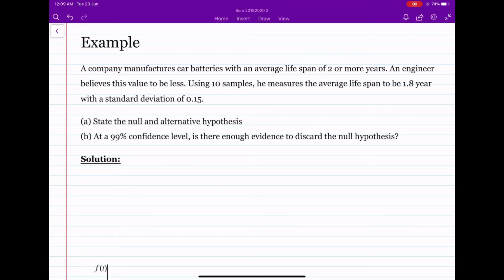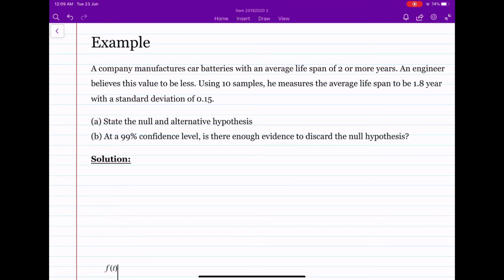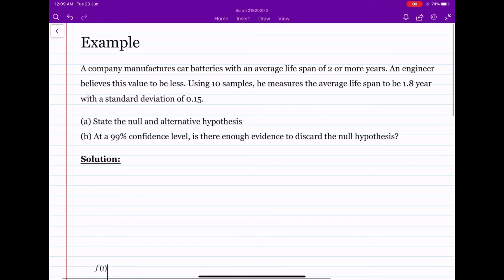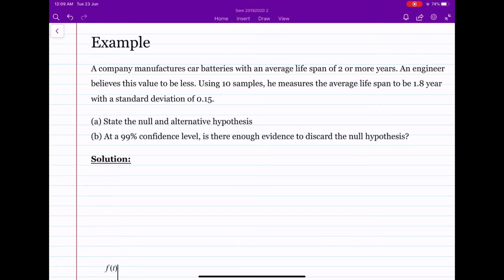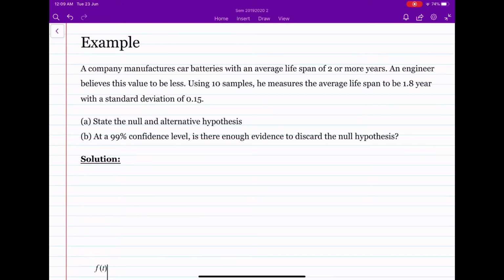Means that the company claims that the average lifetime of its batteries is at least 2 years, means 2 years or more, but an engineer believes that the actual value is less. So he takes up the test and takes 10 samples and measures that the lifespan is 1.8 years in those 10 samples with a standard deviation of 0.15.